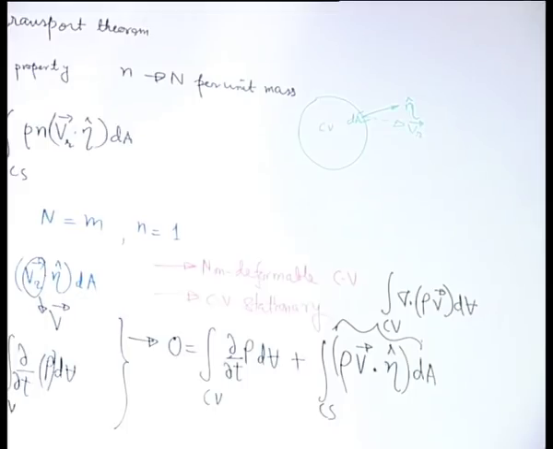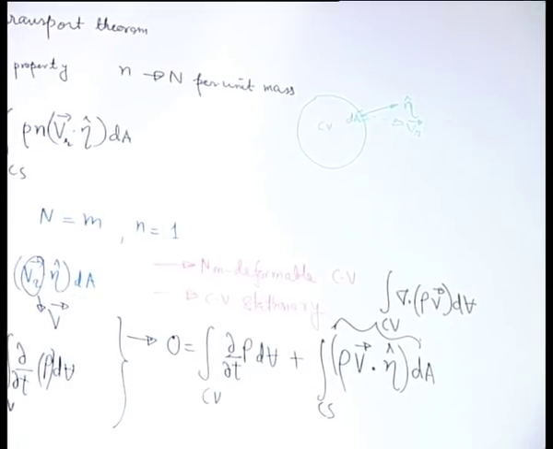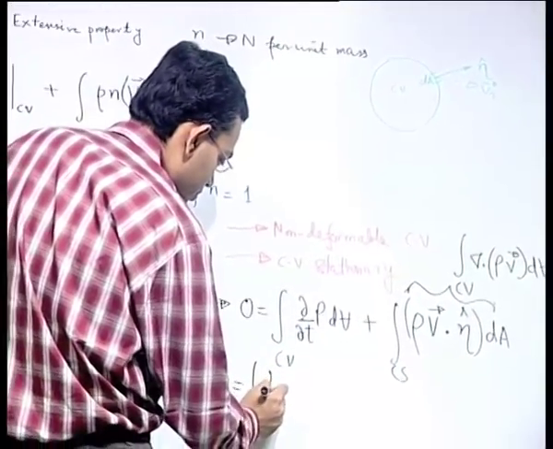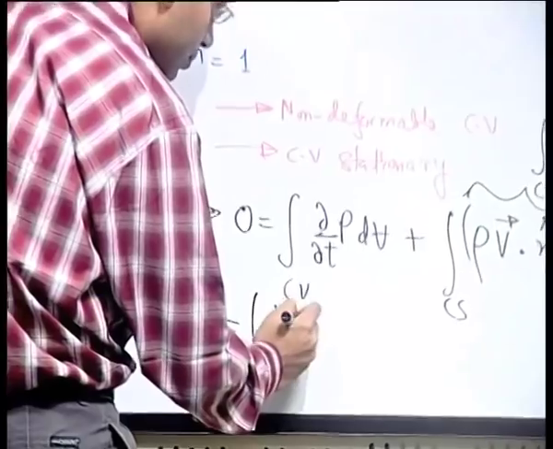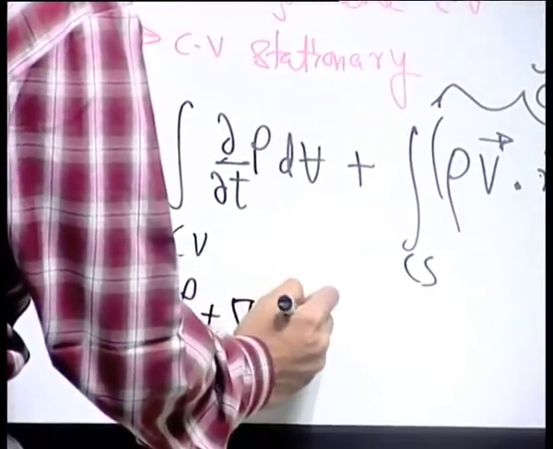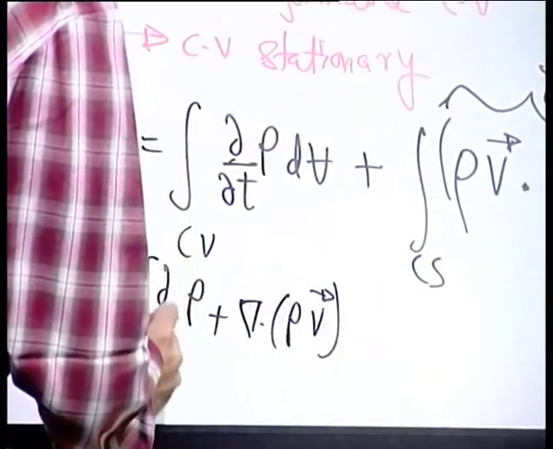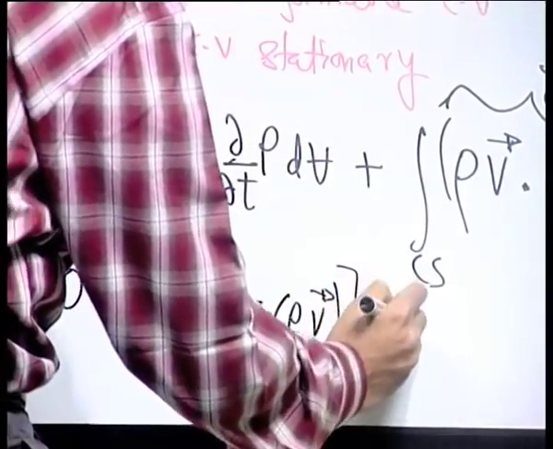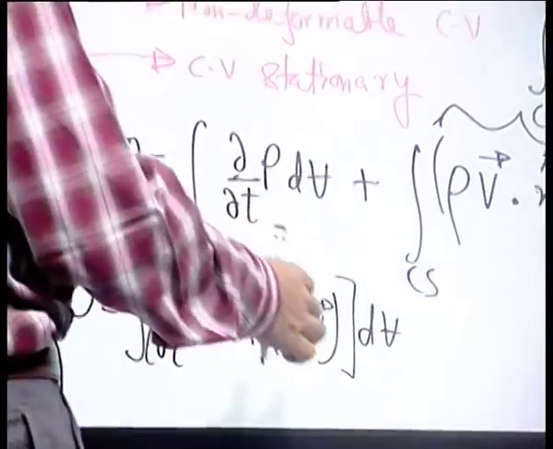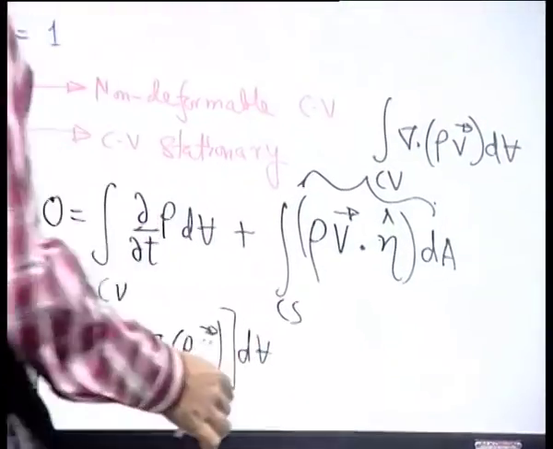So with these considerations we come up with the equation 0 equal to this one. Now we have to keep in mind that the choice of the elementary volume dV is absolutely arbitrary.